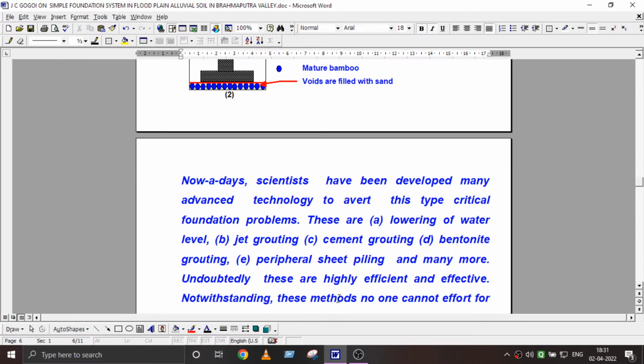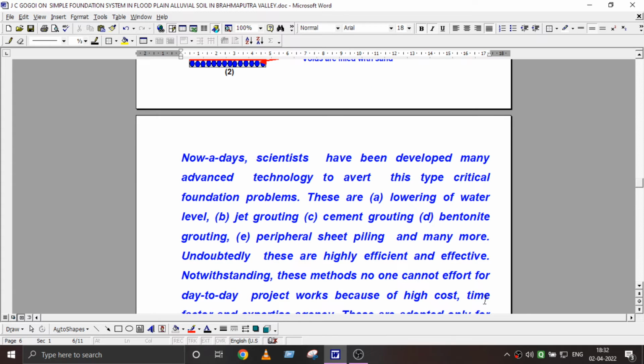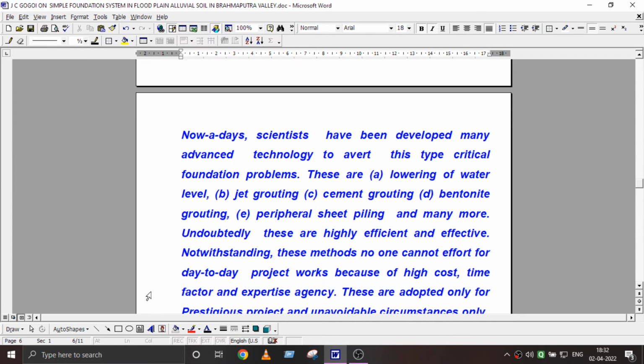Undoubtedly, these are highly efficient and effective. Notwithstanding, no one can afford these for day-to-day project works because of high cost, time factor, and expertise agency.